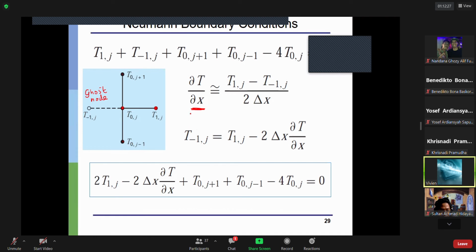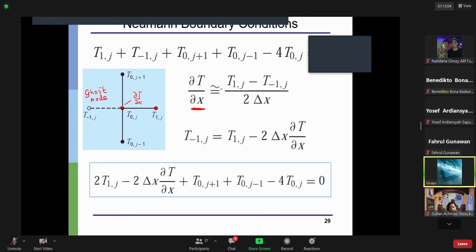So if we have dT/dx provided at the boundary, with second order central difference that can be approximated as the gradient equal to (T1j minus T-1j), where T-1j is the ghost node, divided by the distance, which is 2 delta x.